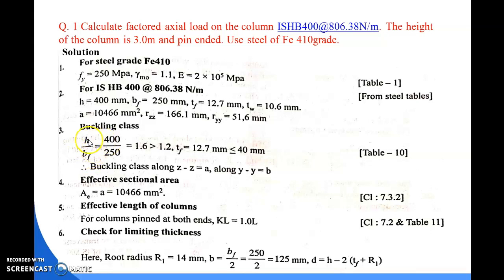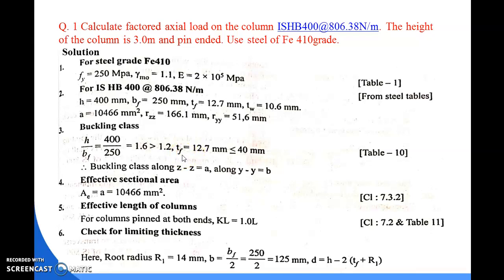We know that the value of H is equal to 400 and the width of the flange is equal to 250, which gives 1.6. So 1.6 is greater than 1.2, so your condition is satisfied. That means buckling occurs about the ZZ axis, and for that, the buckling class is A.